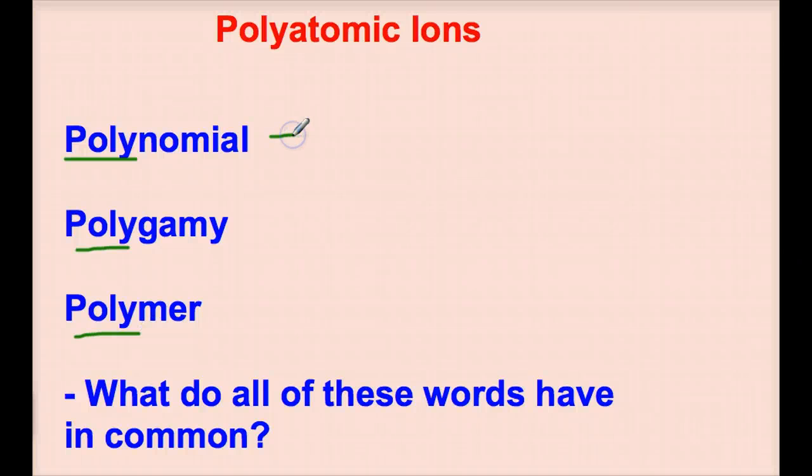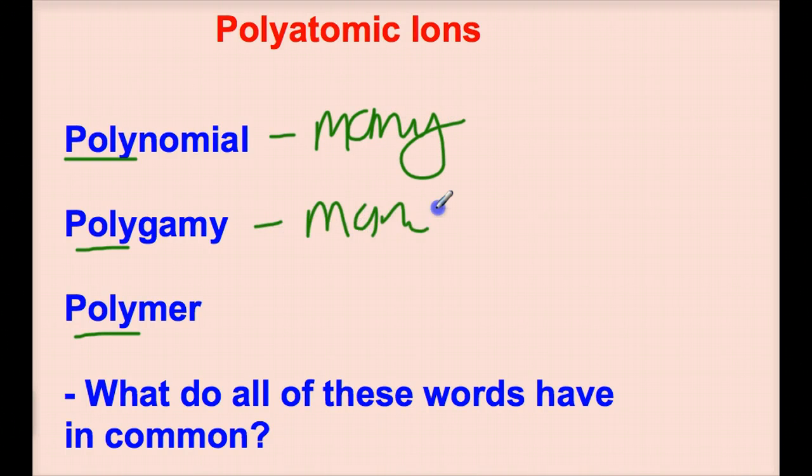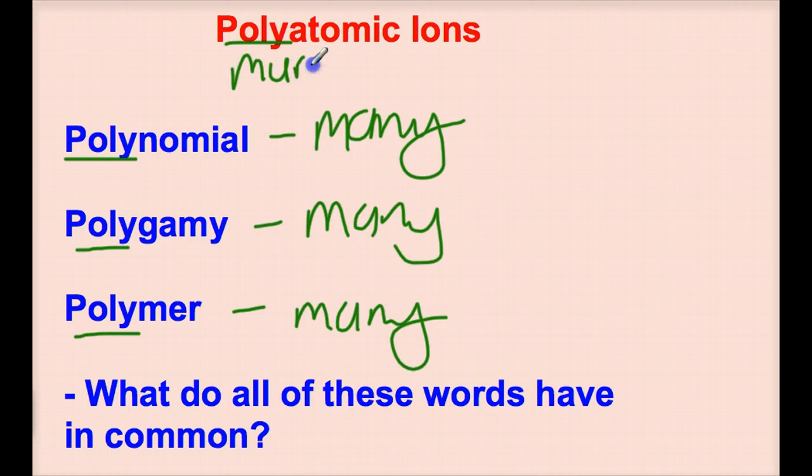In math, polynomial means many terms, right? Polygamy means many marriages or many wives, many husbands. Polymer is a very large molecule in chemistry, which means I have many different pieces to this. So a polyatomic ion is many atoms.